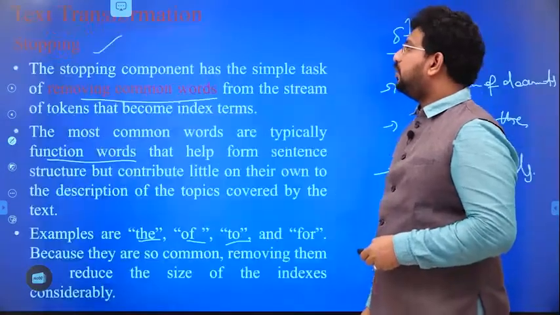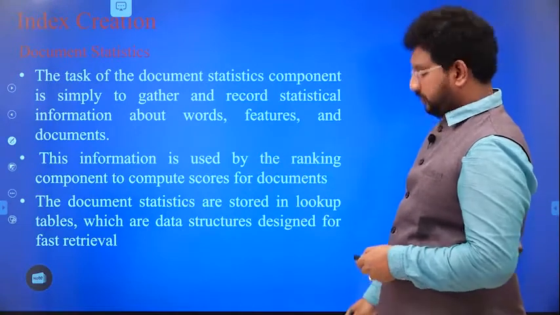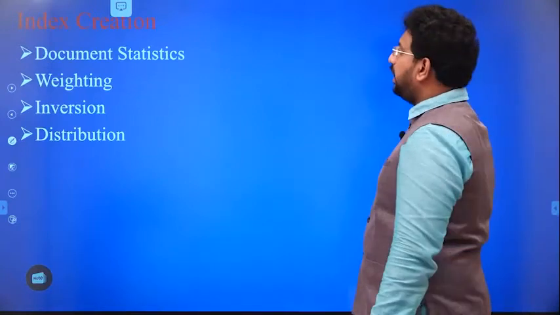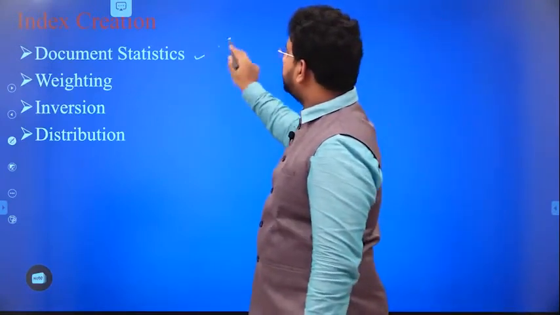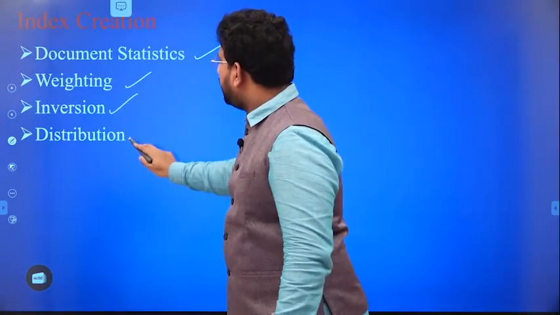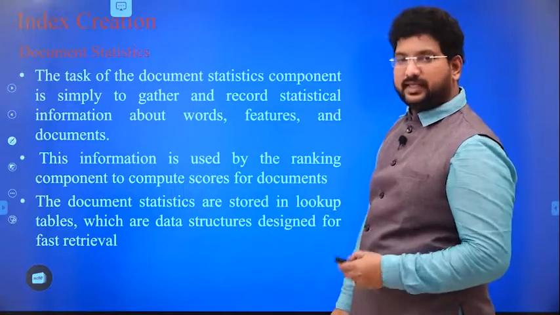The next component is index creation. As part of index creation, we identify these components: document statistics, weighing, inversion, and distribution. Let us try to understand document statistics.